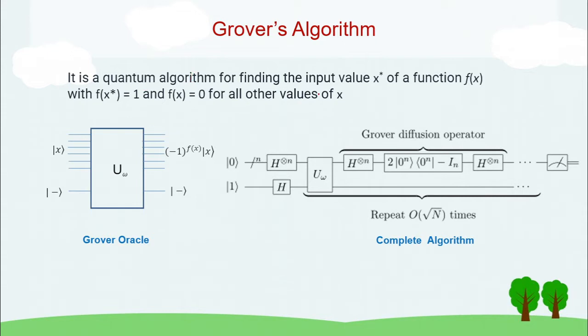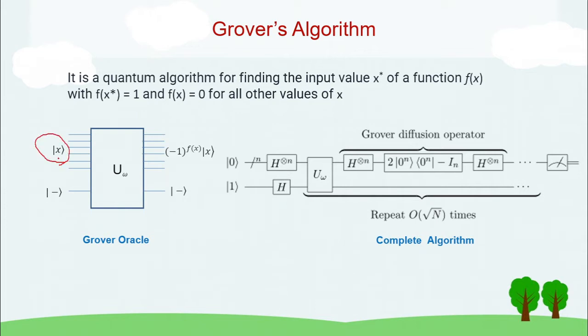It's a quantum algorithm for finding the input value x star of a function f of x, with f of x star equal to 1 and f of x equal to 0 for all other values of x. Yeah, a little long sentence. Maybe I'll put the statement in a different way. Assuming that we have a set of x values, maybe 100, 1000, 1 lakh, right?